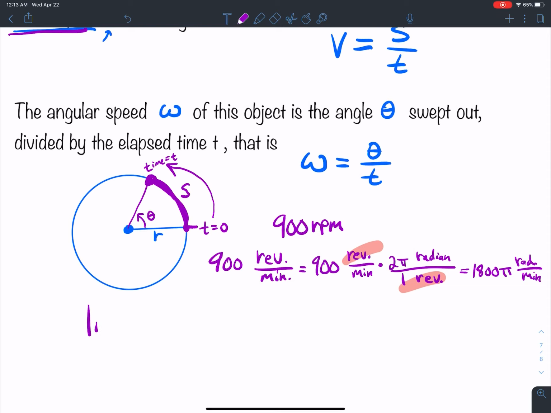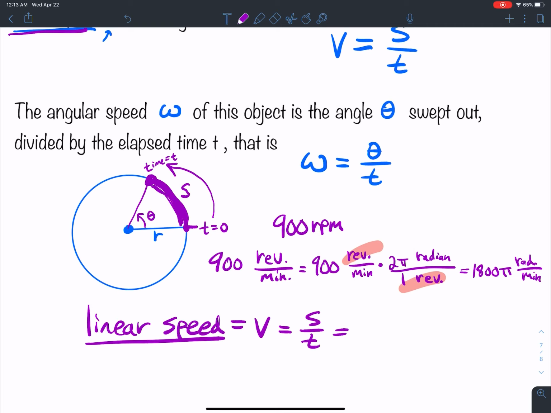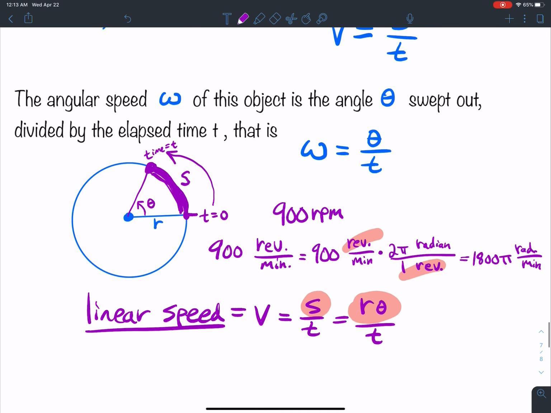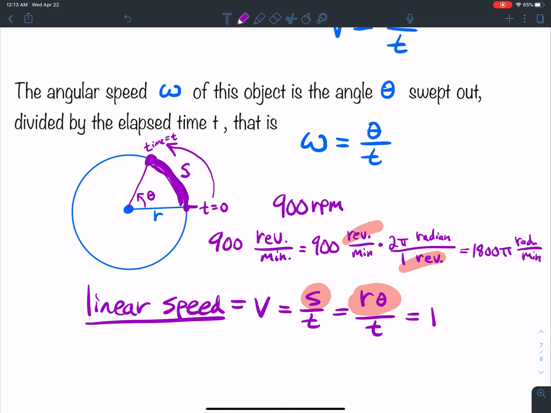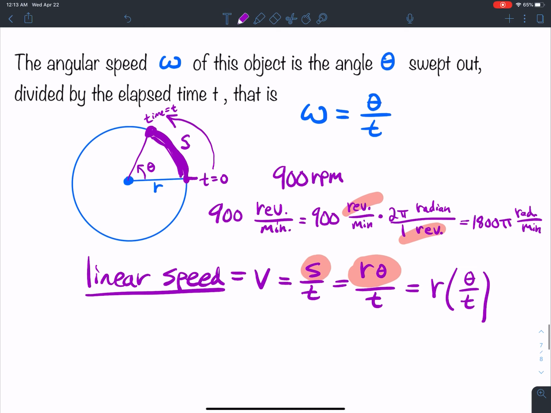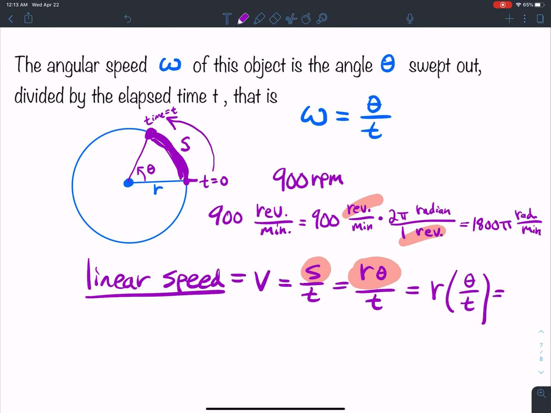Okay? So there is an important relationship between linear speed and angular speed. Linear speed v is s divided by t, but what is s equal to? To find this distance s, I multiply r times theta, right? So I replace s with r theta, and it's still divided by t. So this is r times theta over t. Well, guess what? Theta over t is omega.